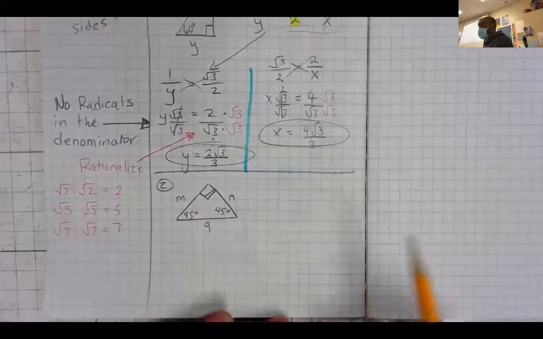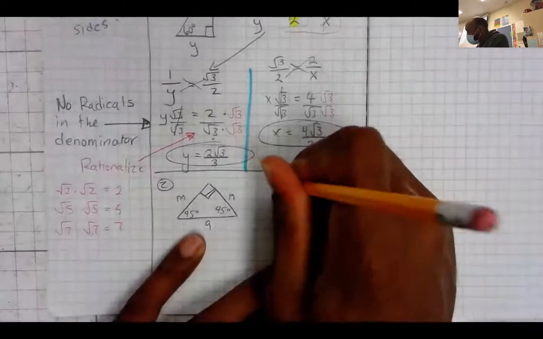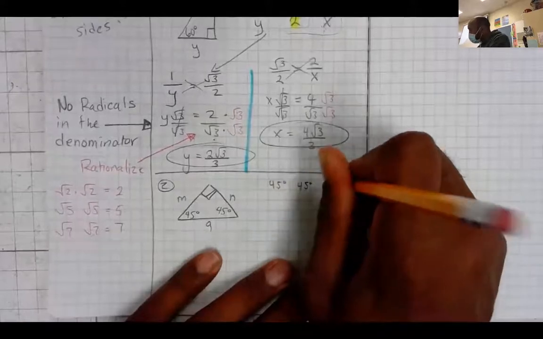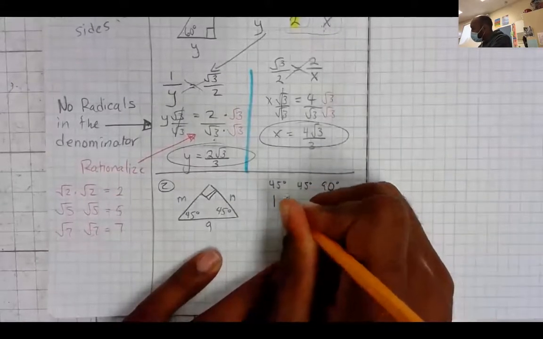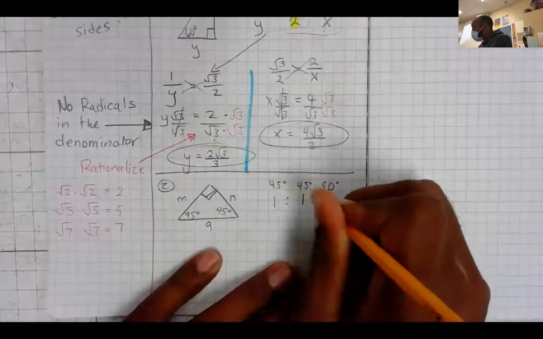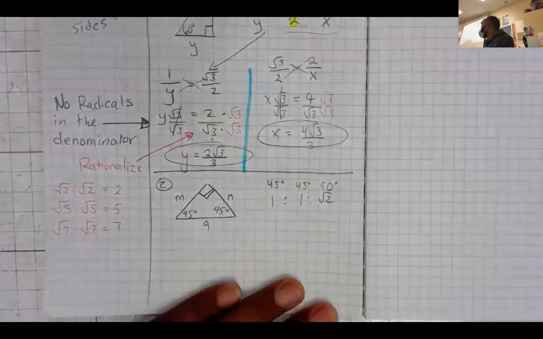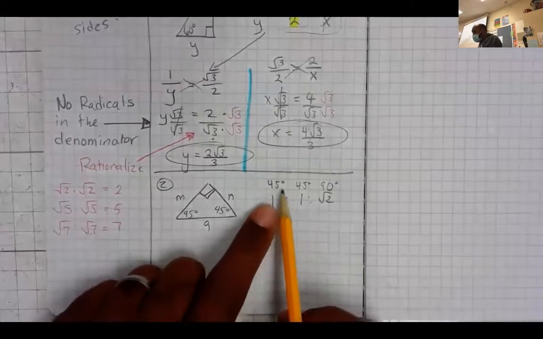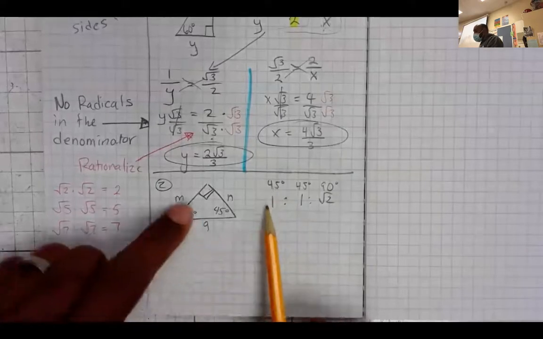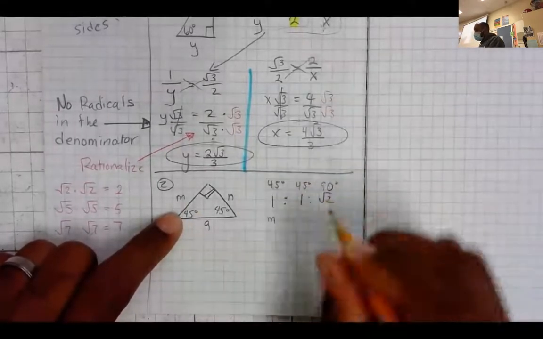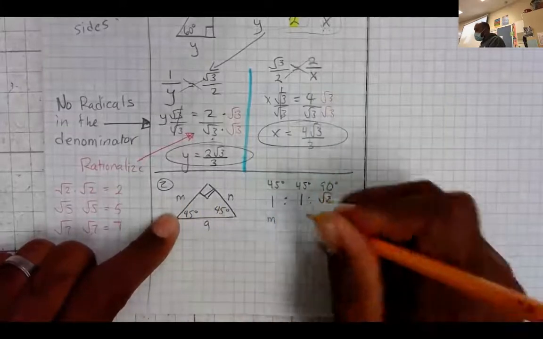Now the ratio for 45, 45, 90 is 1 to 1 to radical 2 or square root 2. So that's the ratio relationship for this triangle. Then I say, the side that's across from 45 is m, and the other 45 is also n.